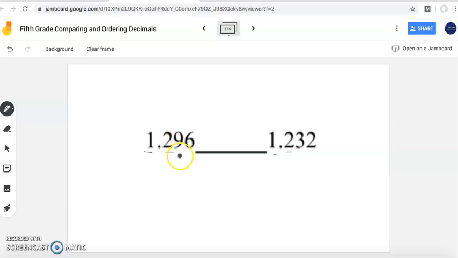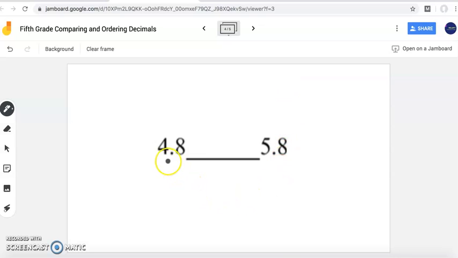So now I'm going to move to my hundredths place, and I see here that this is a 9 and this is a 3, representing that the value here of 9 hundredths is much larger than the value here, which is 3 hundredths. Therefore, 1 and 296 thousandths is greater than 1 and 232 thousandths.